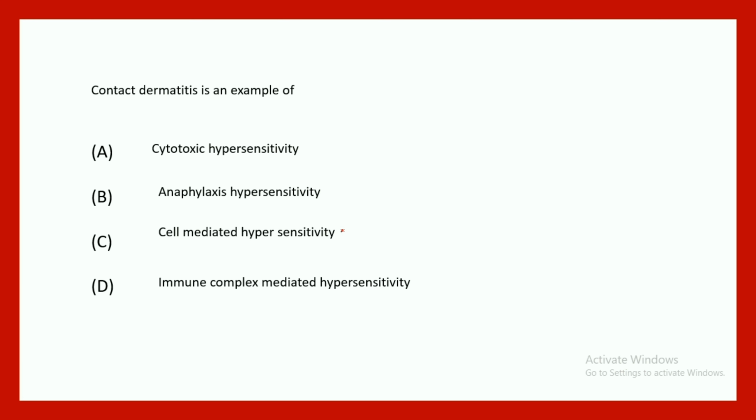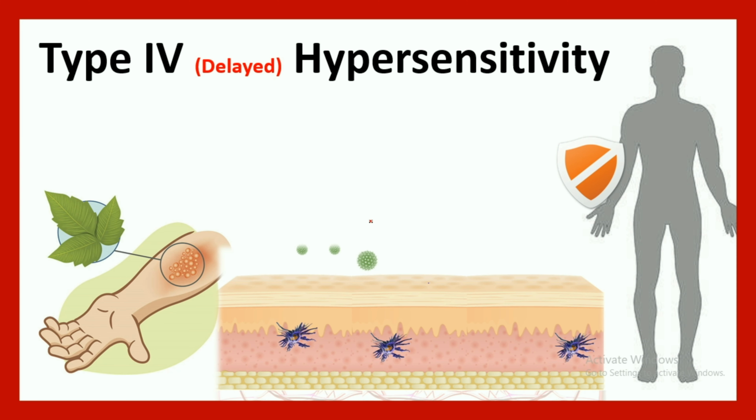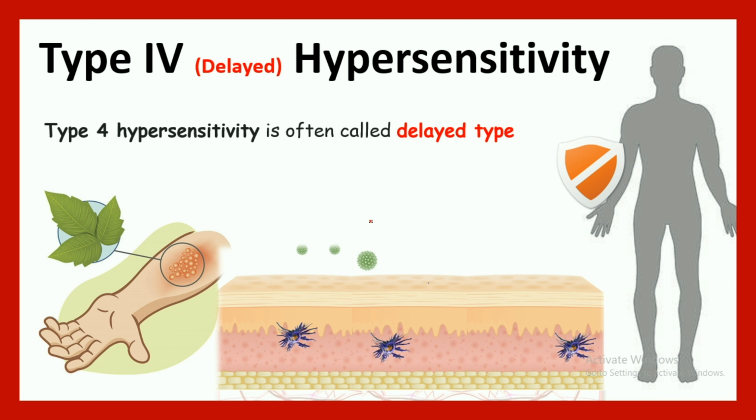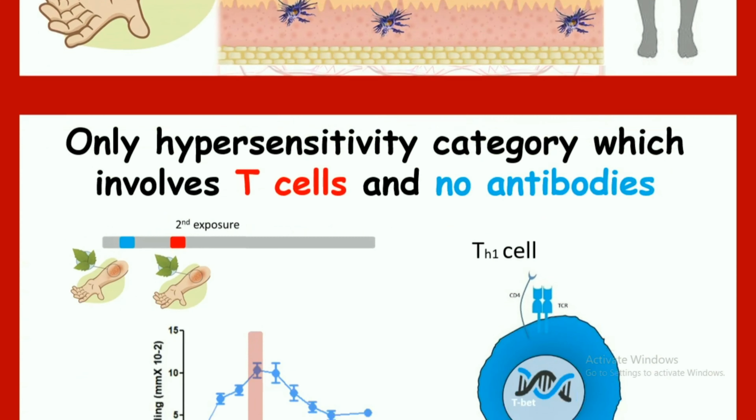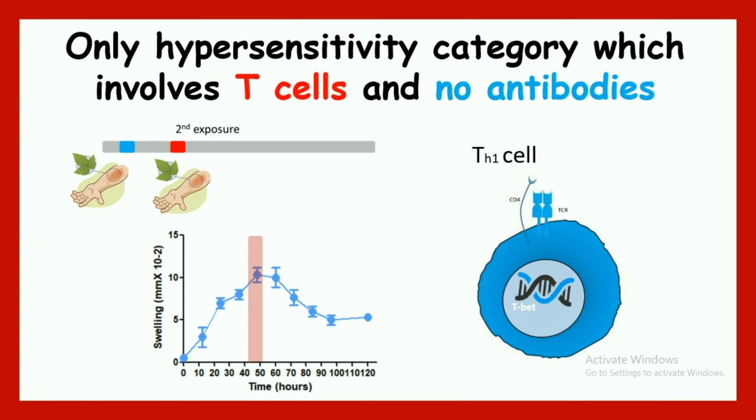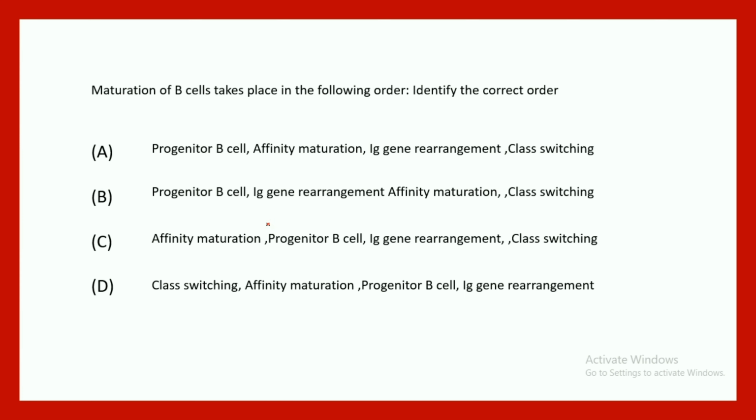Slightly the names are inappropriate, but the correct answer would be here, option C, because type 4 hypersensitivity, which is also known as delayed hypersensitivity, is one type of hypersensitivity which involves cells other than antigen antibody interaction, and they require quite a lot of time to develop, and that's why the name suggests delayed hypersensitivity. It's the only type of hypersensitivity which involves T cells and no antigen antibody interaction, and it takes at least 48 hours to develop.